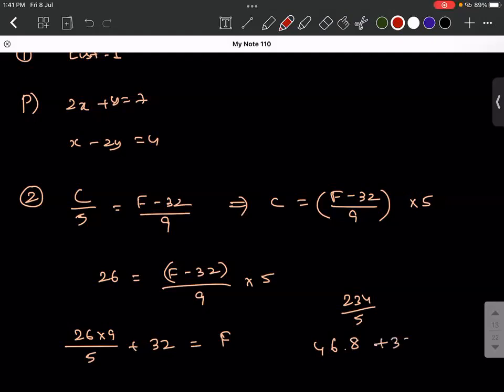So 46.8, if you add 32, how much will you get? Option is there. So that's the answer. For P3, that should be the answer. But try to verify for others also because your speed needs to improve. It's not about getting the answer.